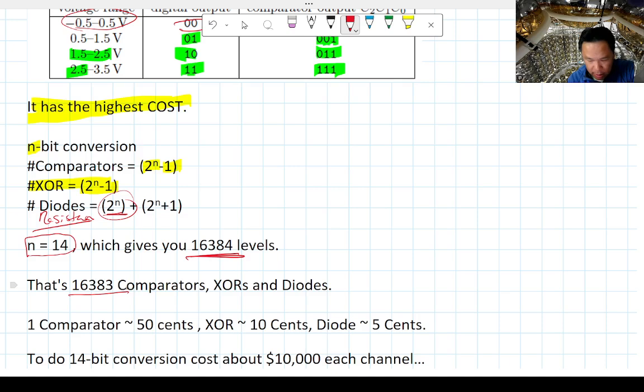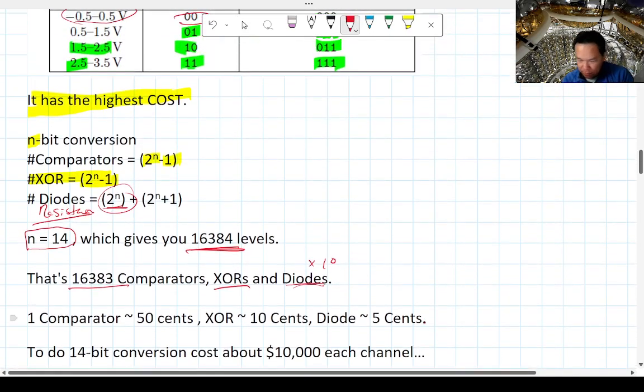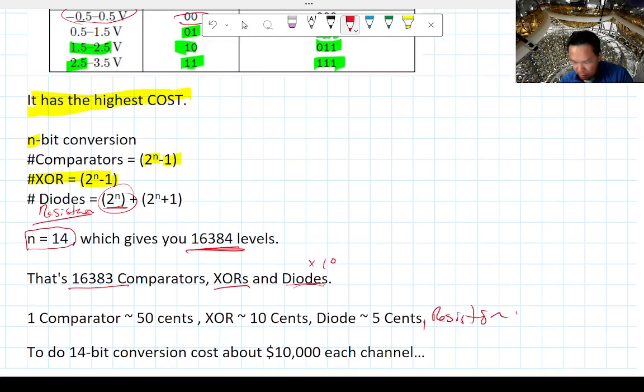So that's 16,000 comparators, XOR gates, and probably 10 times that number, like 160,000 diodes and resistors you have to deal with. A lot of stuff. I didn't even account for the cost of the resistor, so let's add that in. Let's say the resistors are like 5 cents or something like that. Not that much.